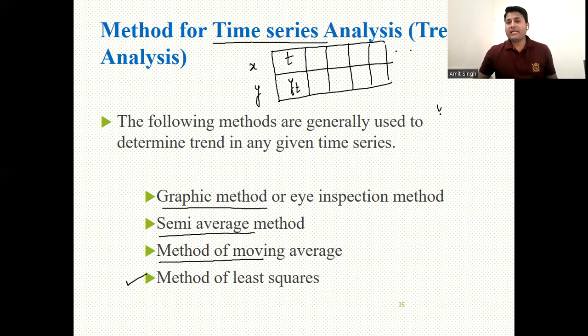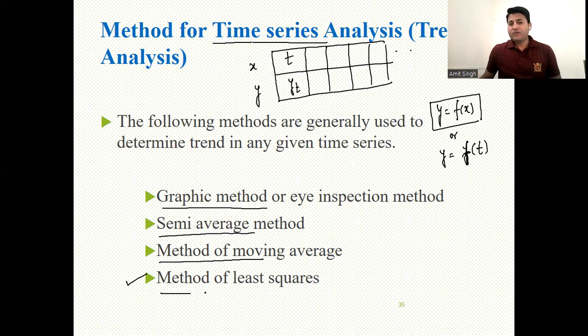Generally we write y equals f of x, y as a function of x, or we can write y as a function of t. If I am talking about time, in place of time we may have some other variable, so that doesn't matter. The method is the same for all. Now let us see what the method of least square is and how it works.